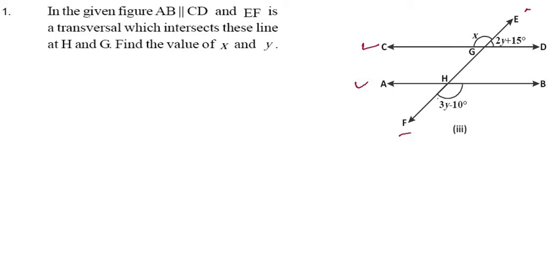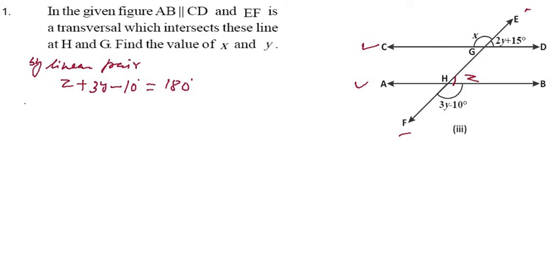So first of all, by which angle? Suppose this angle is Z. So by linear pair, what will happen? So Z plus 3y minus 10 degrees will be equal to 180 degrees.